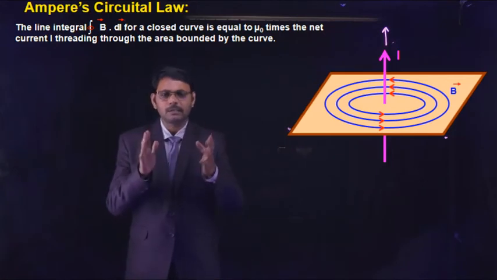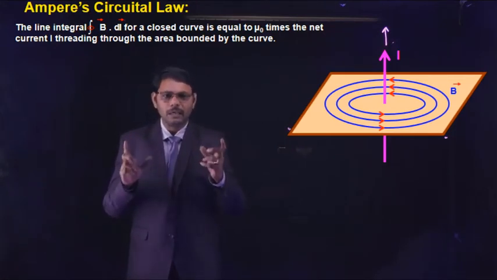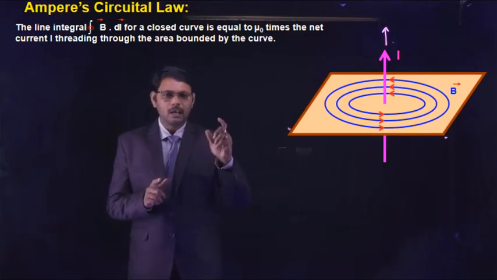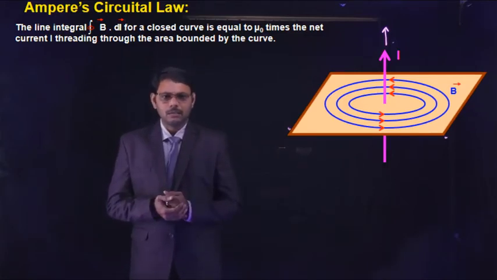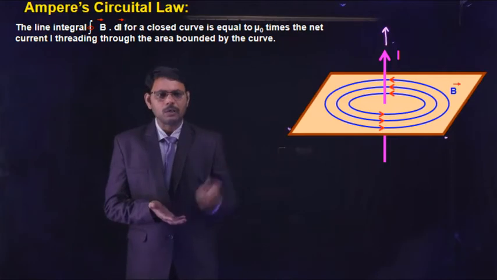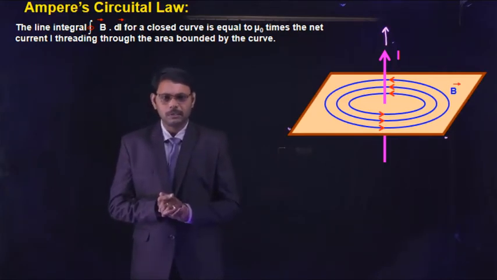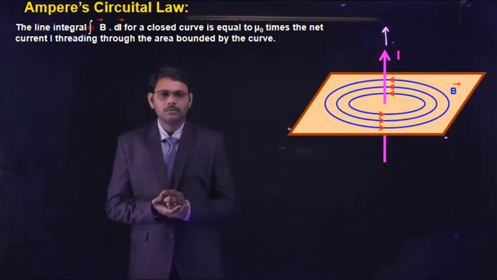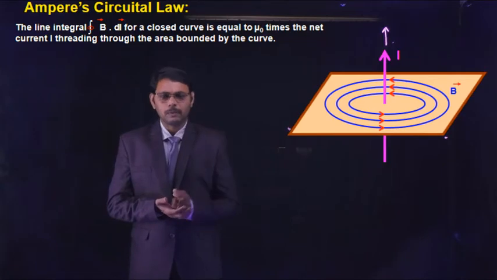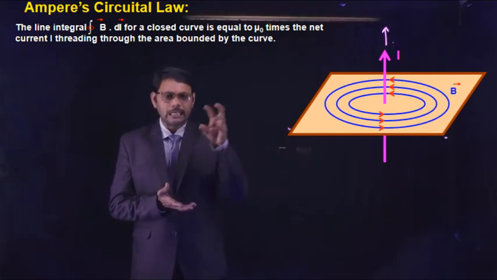Now let us consider the statement of Ampere's law. The line integral of magnetic field along the closed loop is equal to mu naught times the total current enclosed by the loop. So I repeat the statement.